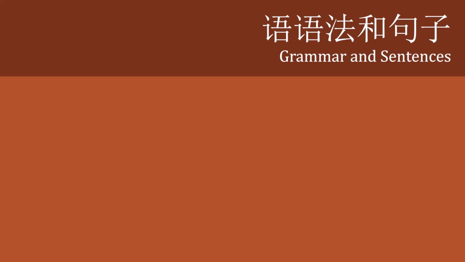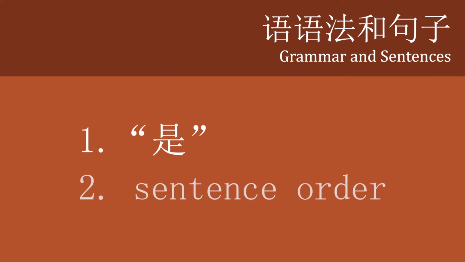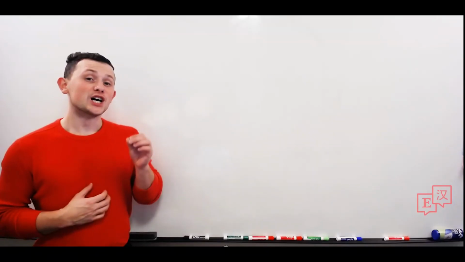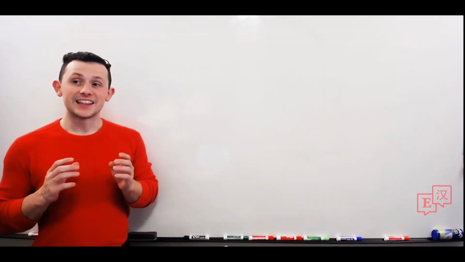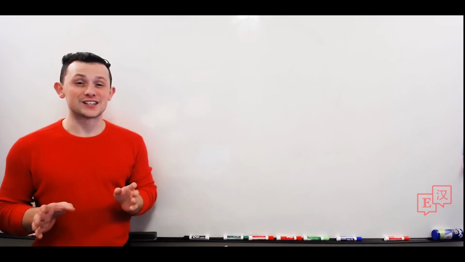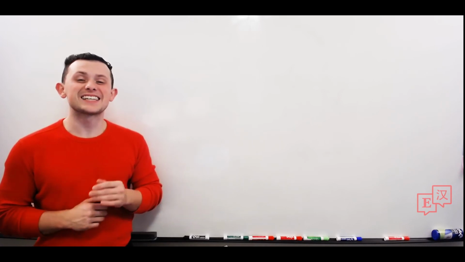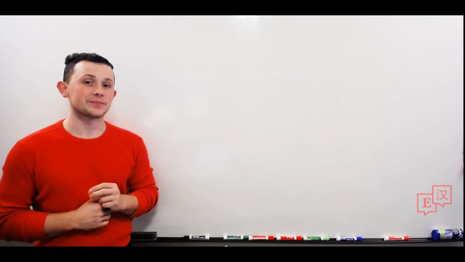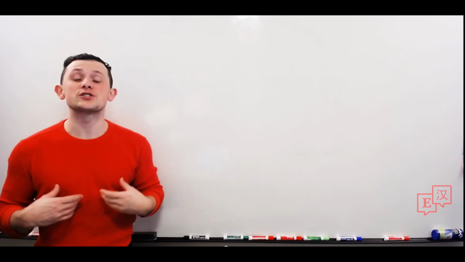For today's grammar and sentences, we will first talk about the use of 是, meaning to be. Then, we'll have a few sentences discussing how to use time in Mandarin and some basic sentence order. So, 是. This can be a pretty confounding concept for people, but the reality is it is super easy. 是 in Mandarin means to be.